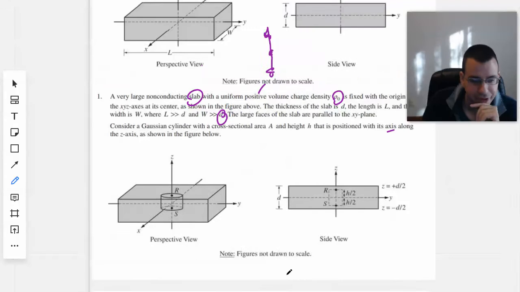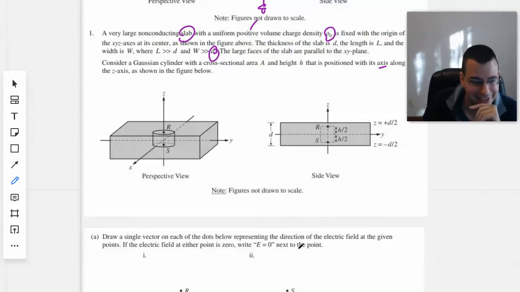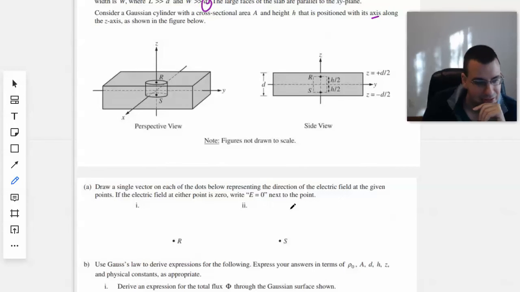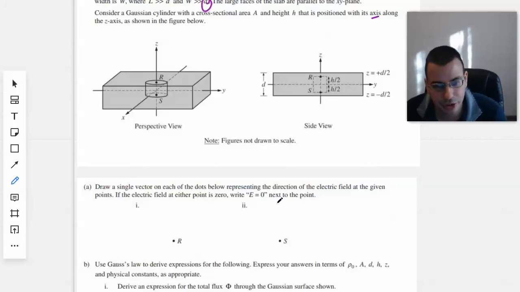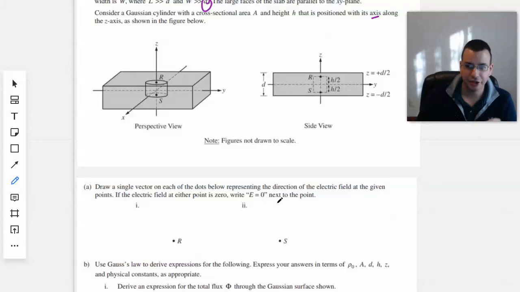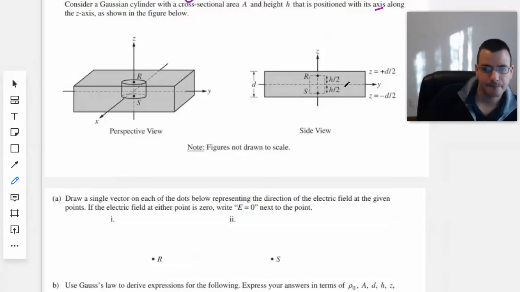Draw a single vector on the dots below. It looks like the Gaussian cylinder is inside the slab. Similar to the previous problem where we had a cylinder within a cylinder, this is a cylinder within the slab.